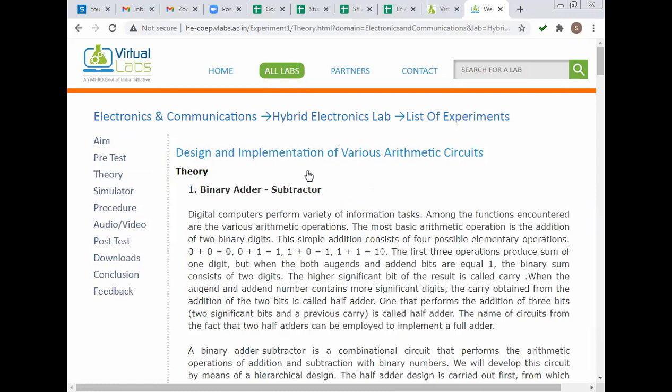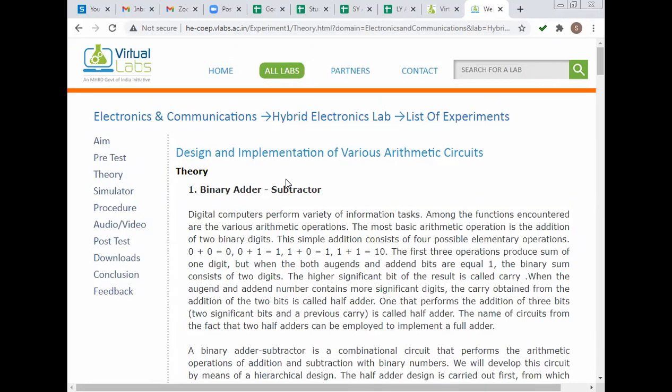There are 4 types of arithmetic circuit. It means first adder, subtractor, multiplexer, demultiplexer, or simply addition, subtraction, division and multiplication are involved in arithmetic circuits. Okay, so in that, first binary addition. What is meant by binary addition?